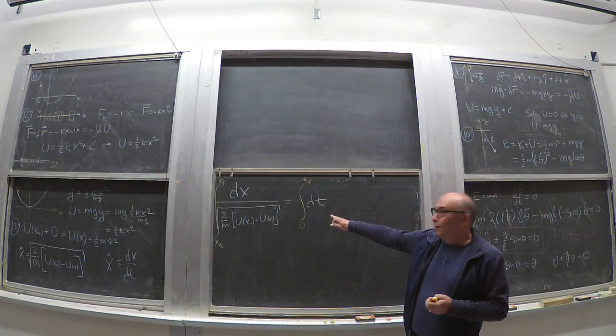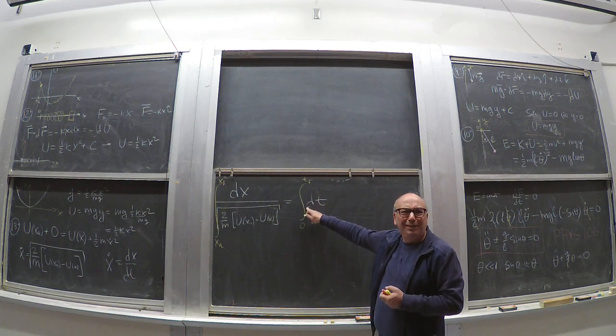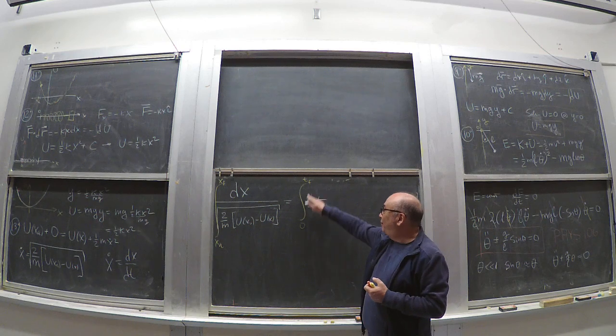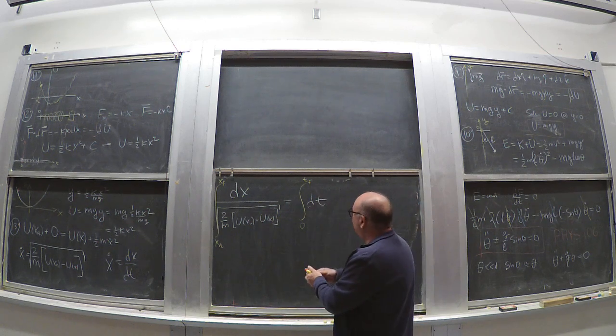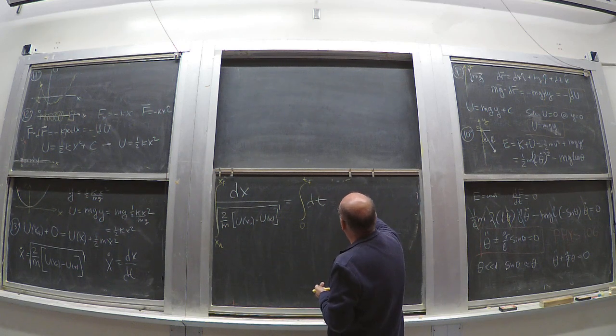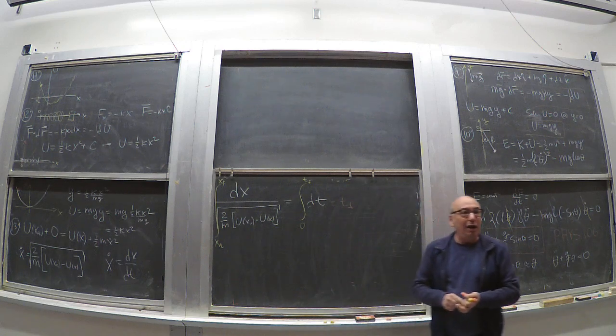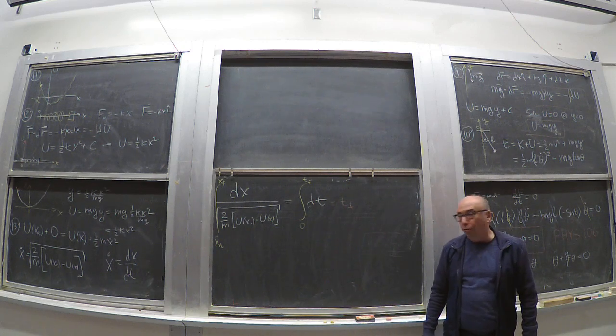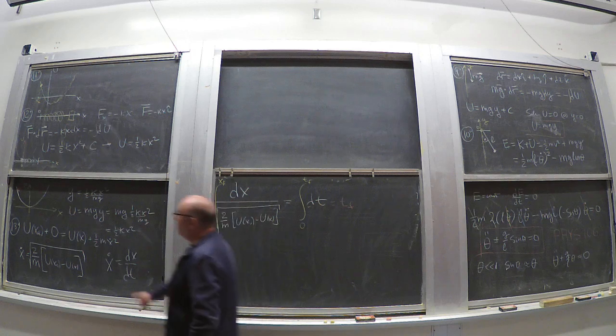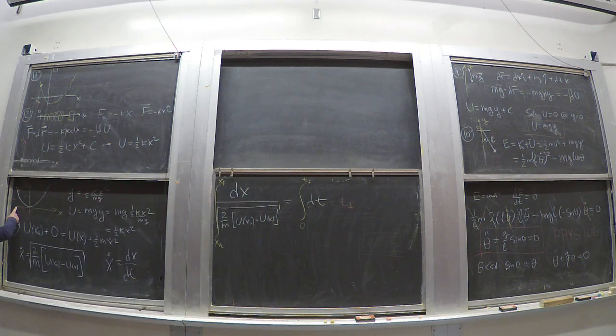Sounds good? What is the integral of 1? T final minus t initial. So after integration, this is just t final. Wow, this is pretty powerful. You can start at any point and select any arbitrary x final.